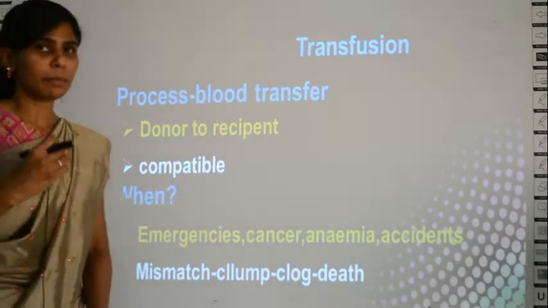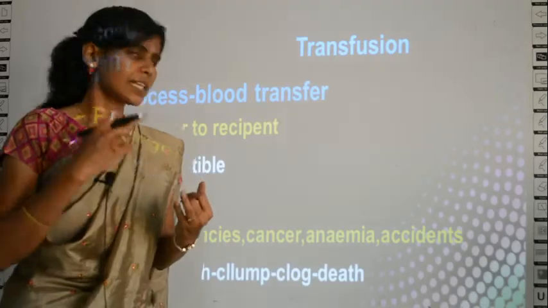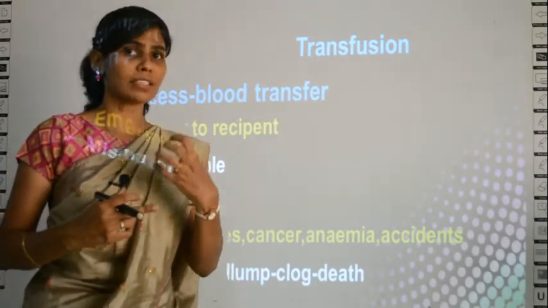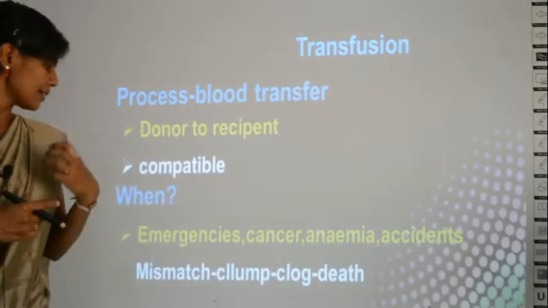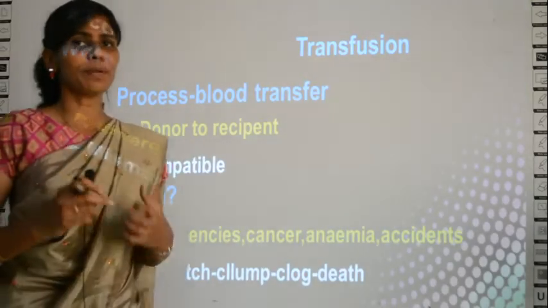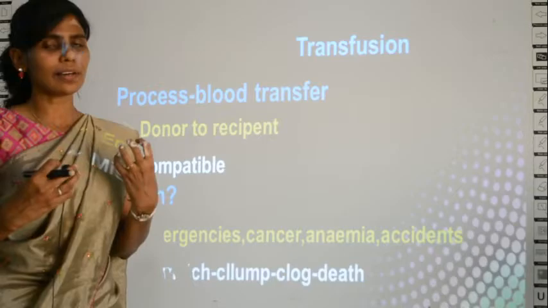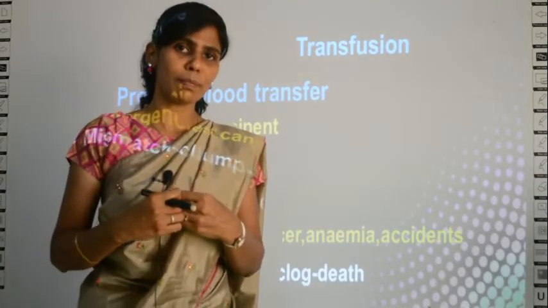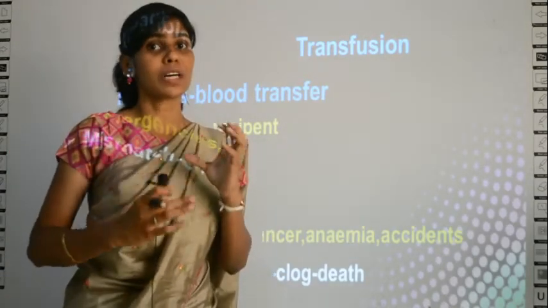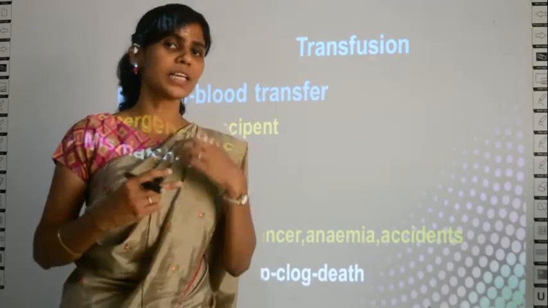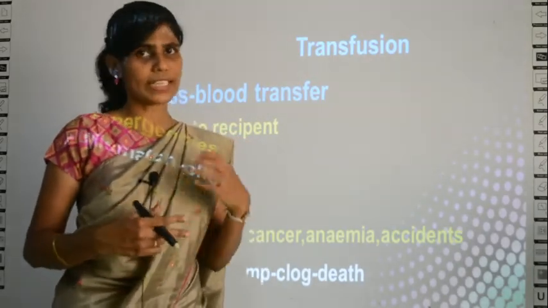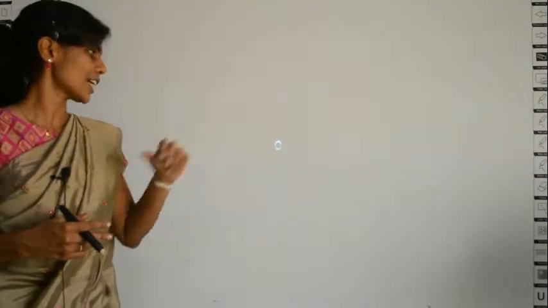In emergencies like accidents, or for anemic patients or cancer patients, blood is frequently transferred, and if there is a mismatch in the blood, it will lead to clumping of the blood, which means it becomes a solid instead of a liquid, so it cannot flow further in the capillaries, which will lead to death. This is about blood transfusion.